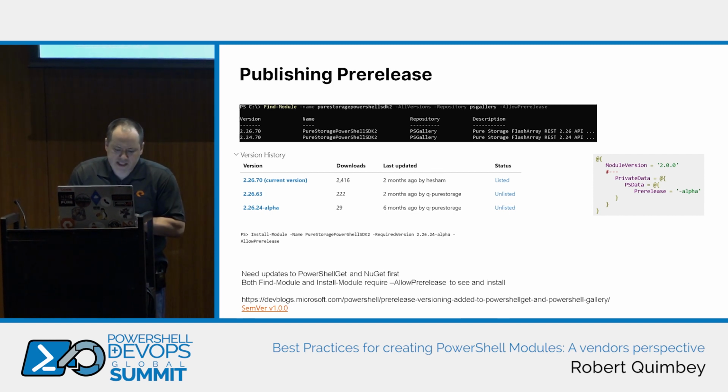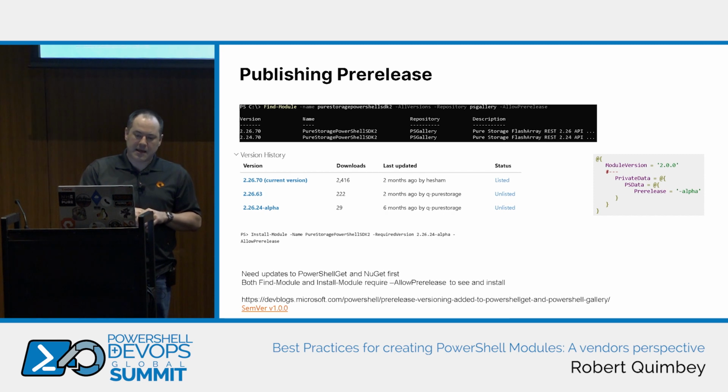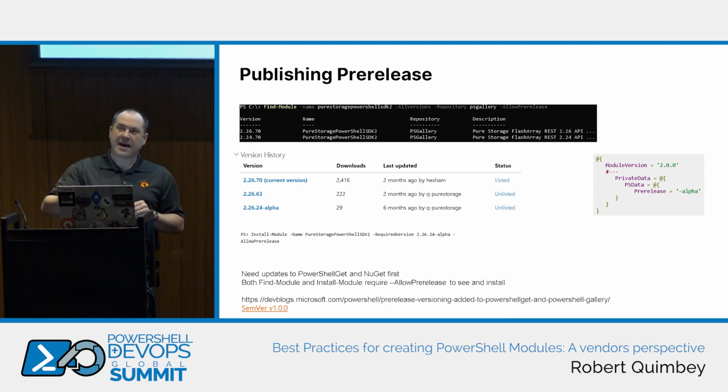So this is something that we've been able to use a lot with some of our customers for a couple of our different modules, and this is something that we're going to do going forward because our release cadence on our SDK is not going to be a monthly releasable build, yet the release cadence on our operating system and our storage arrays is a monthly releasable build. And particularly, it's starting to get even tighter than that because we're doing a lot of stuff in Azure.